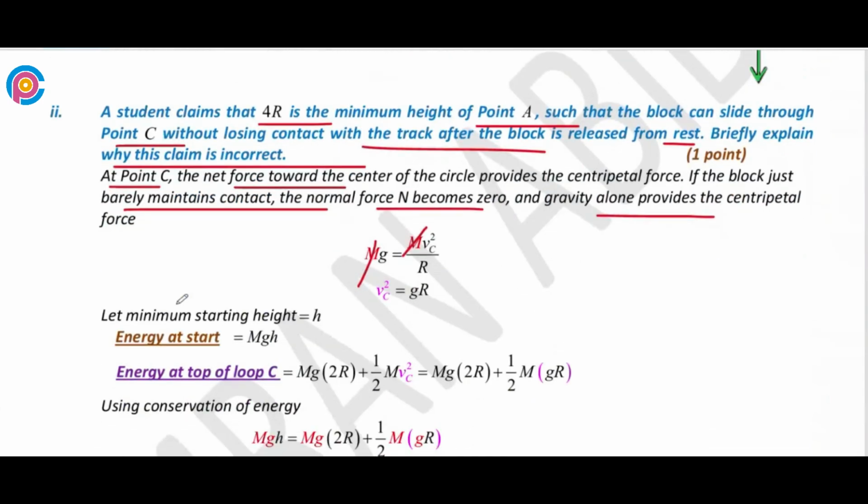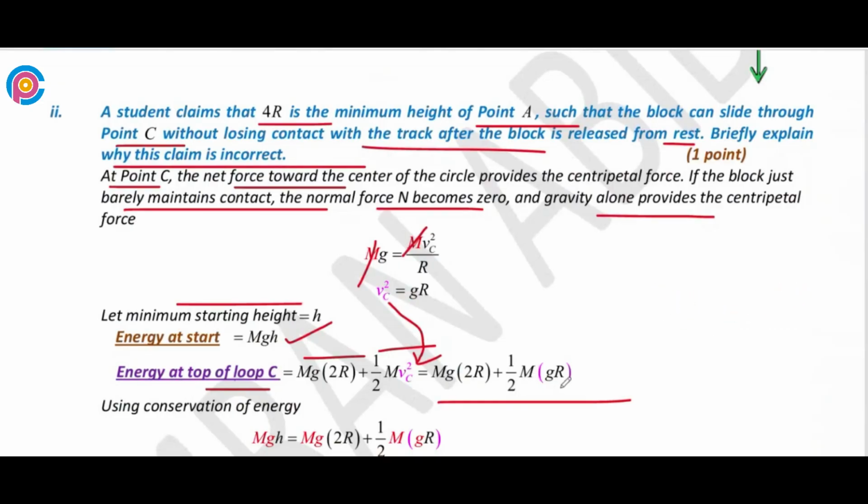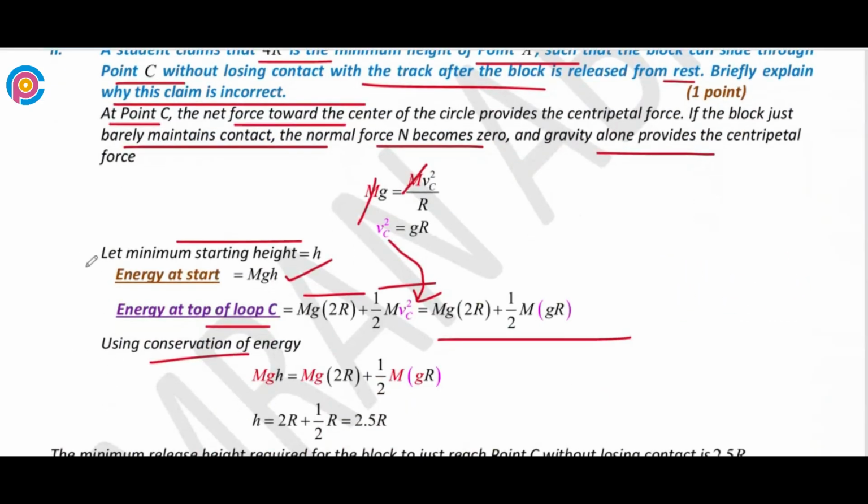gr. Let the minimum starting height be h. The energy at the start is mgh; the energy at the top, point C, is mg2r plus 1/2 m vC squared. Because both potential energy and kinetic energy are present, we place the value of vC squared, which is gr, so the expression becomes mg2r plus 1/2 m gr. Using conservation of energy, the starting energy should equal the energy at point C because there is no friction.